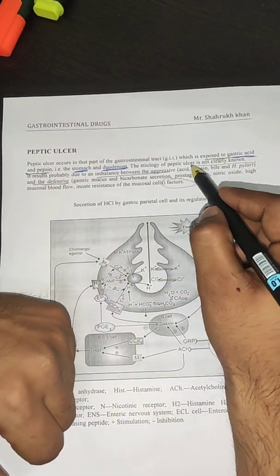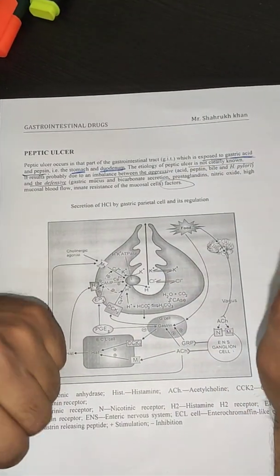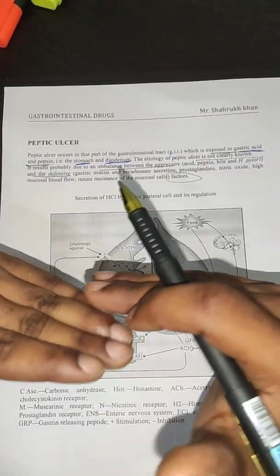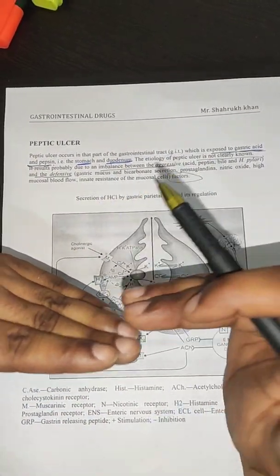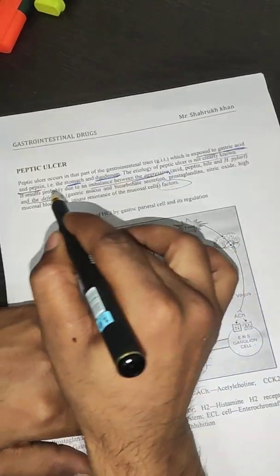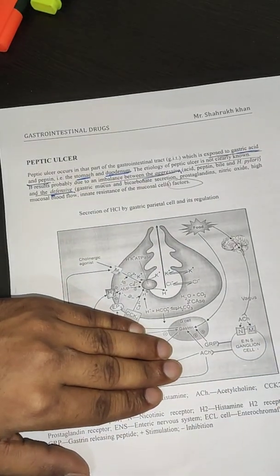The etiology of peptic ulcer is not clearly known yet, but it is believed that it is due to an imbalance between aggressive and defensive factors.